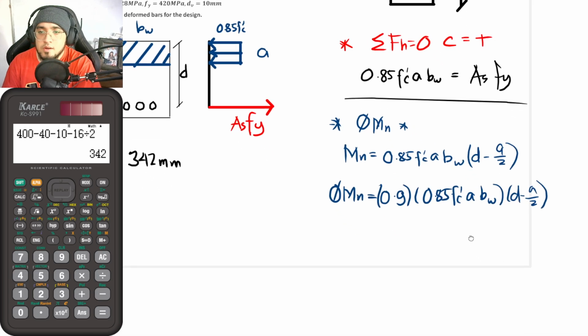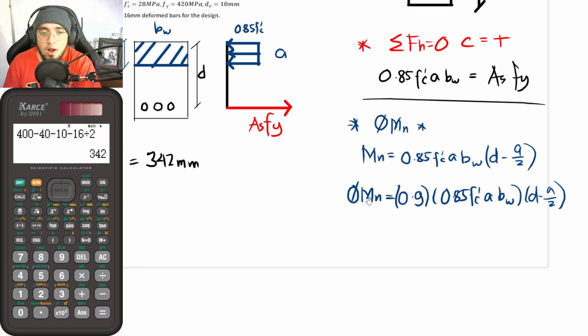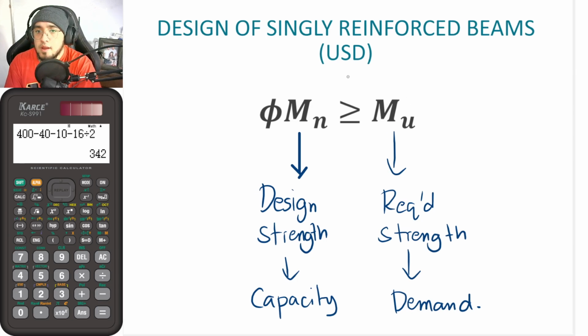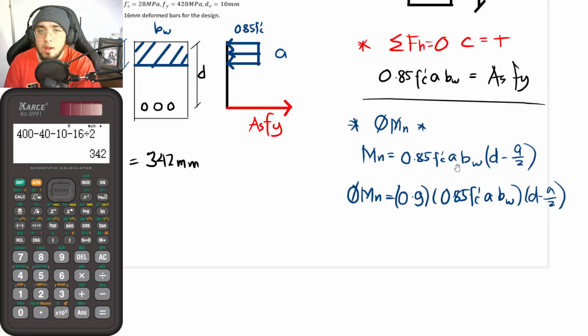If you can remember, for our phi Mn, it must be greater than or equal to the value of Mu. So for our lower limit, we can assume that phi Mn is equal to Mu. What is once again the value for our Mu?